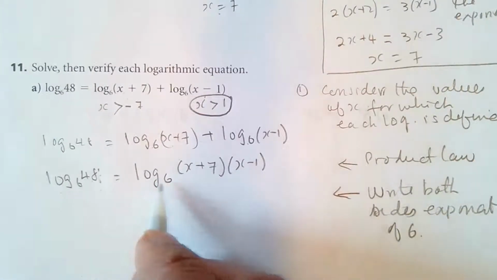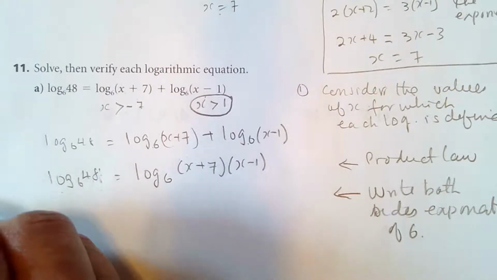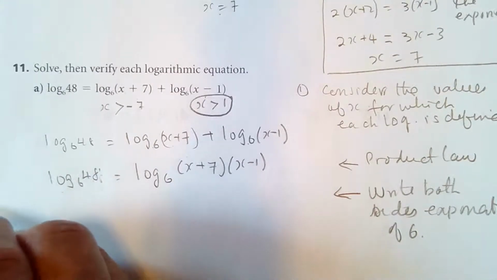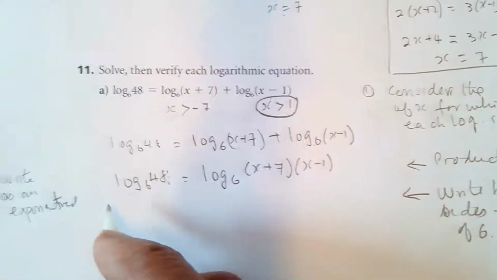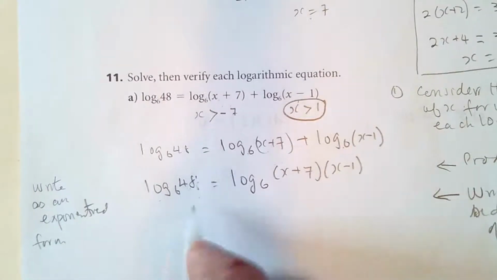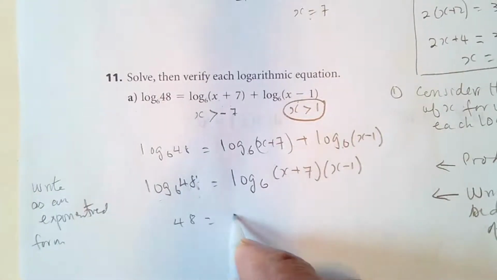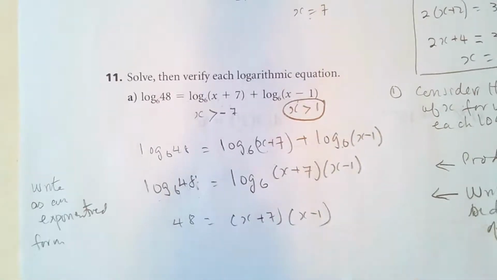In other words, write this as an exponential form. So 48 is equal to x plus 7 times x minus 1.